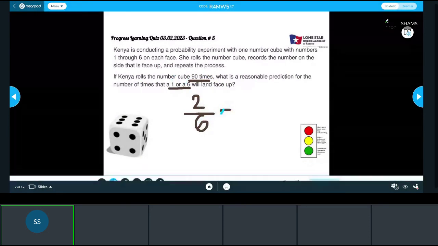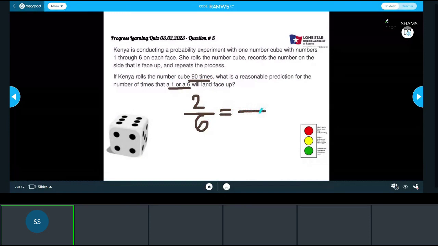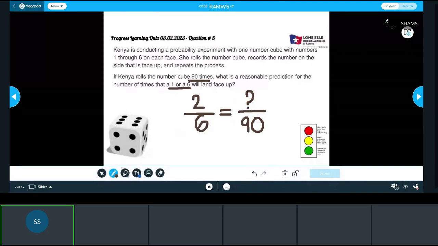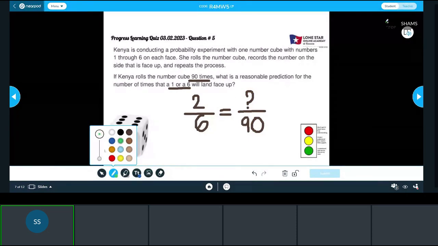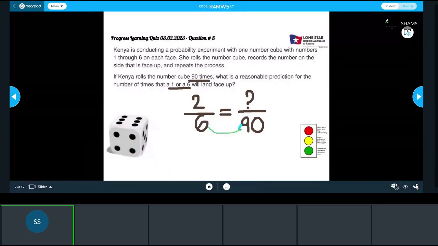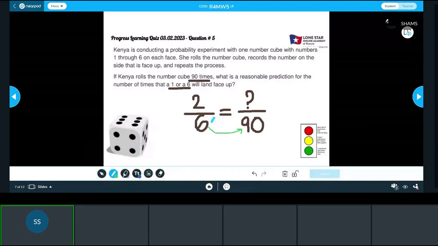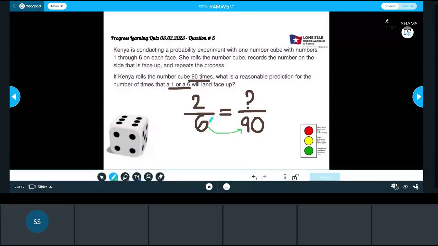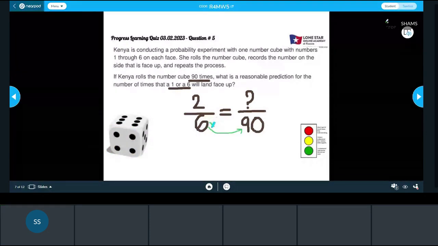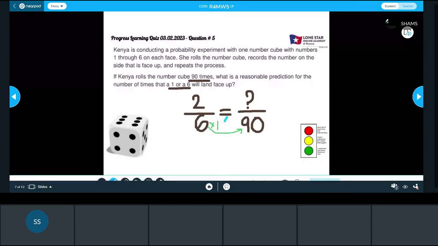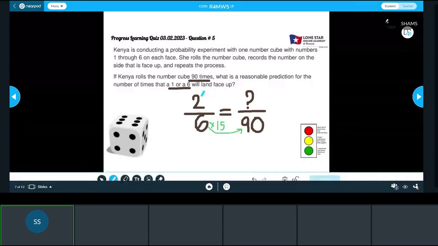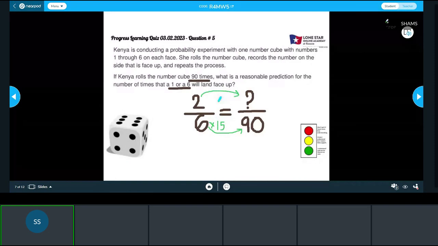So if Kenya wants to do the experiment 90 times, how many times will she land on a 1 or a 6? Use your proportional thinking again, and let's figure it out. From 6 to 90, I do 15 times. Then from 2 to a missing number, I do 15 times.